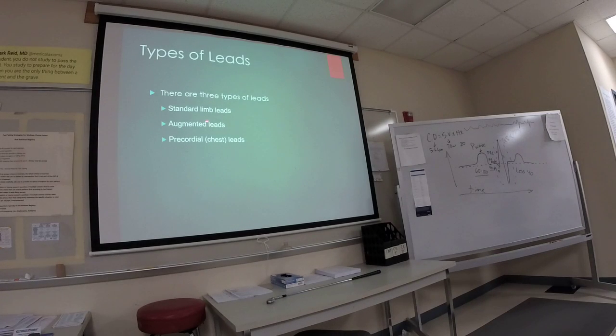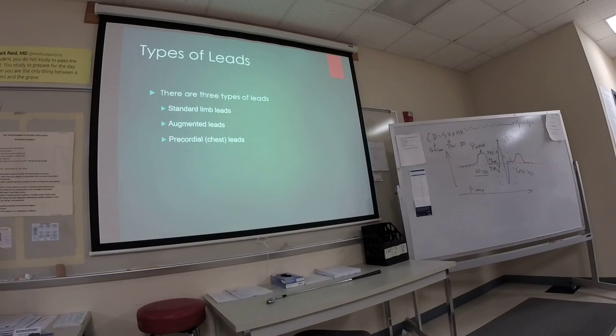So you have the limb leads, the 4 leads, and then the precordial leads, or the chest leads, and those are the V leads. The standard limb leads are the right arm, left arm, left leg, right leg. So what do we have?